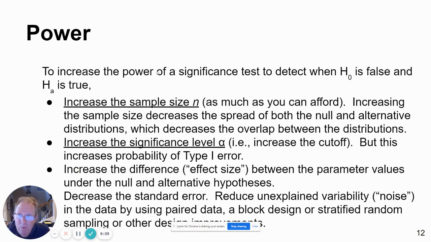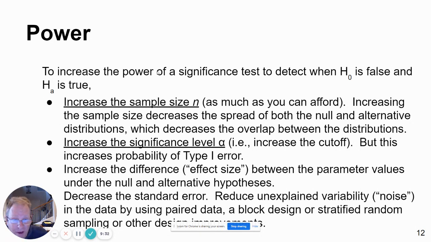Now I want to talk about what you can do to increase the power of a significance test to detect when the null is false and the alternative is true. I have listed 4 things, and I think these are pretty much the best 4 things you can do. Increase the sample size n, and really increase sample size as much as you can afford.